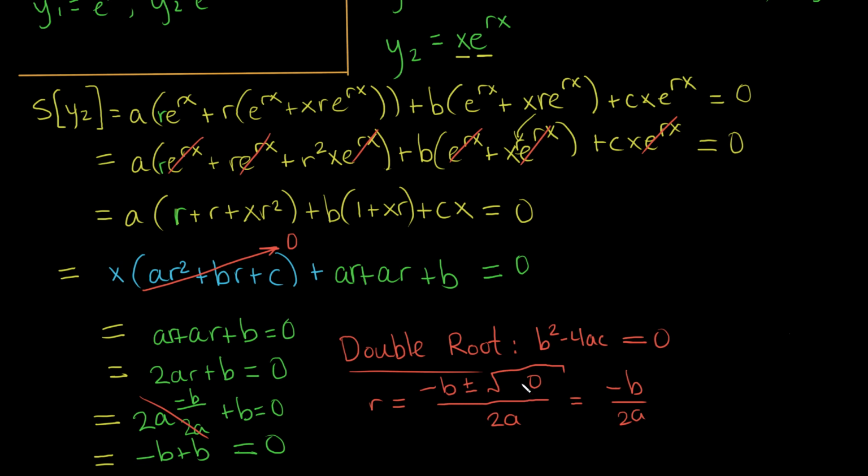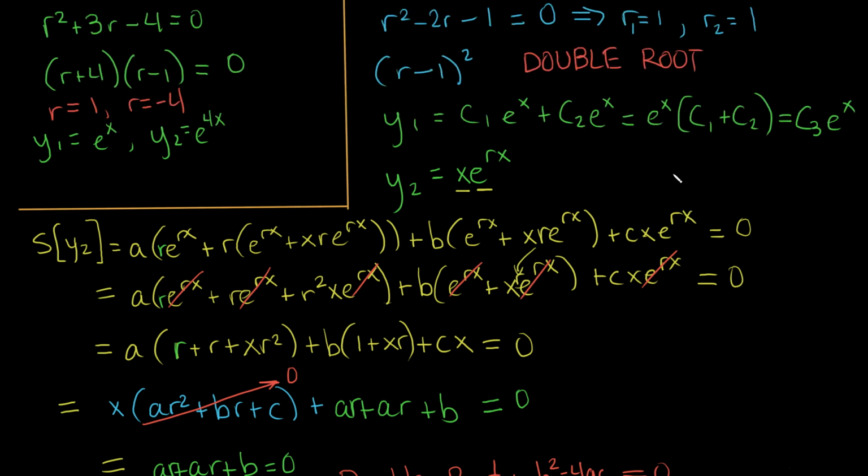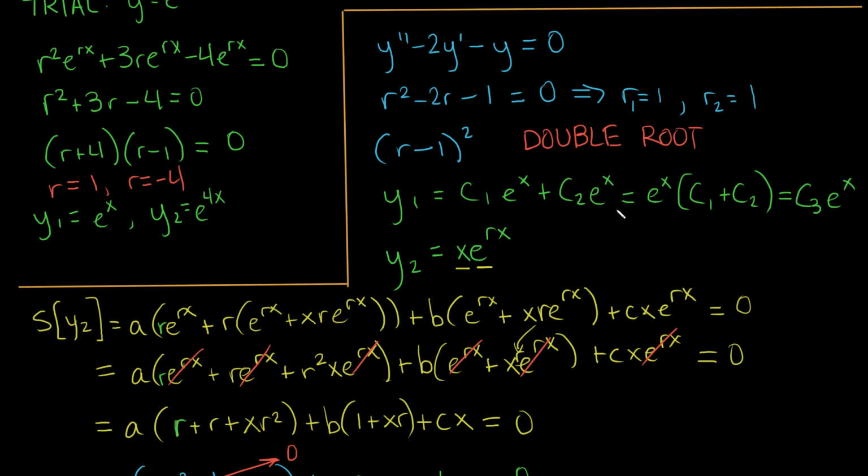So what we get in the end is that a second solution to a homogeneous constant coefficient second order differential equation, on top of some constant times e to the rx, is x e to the rx.